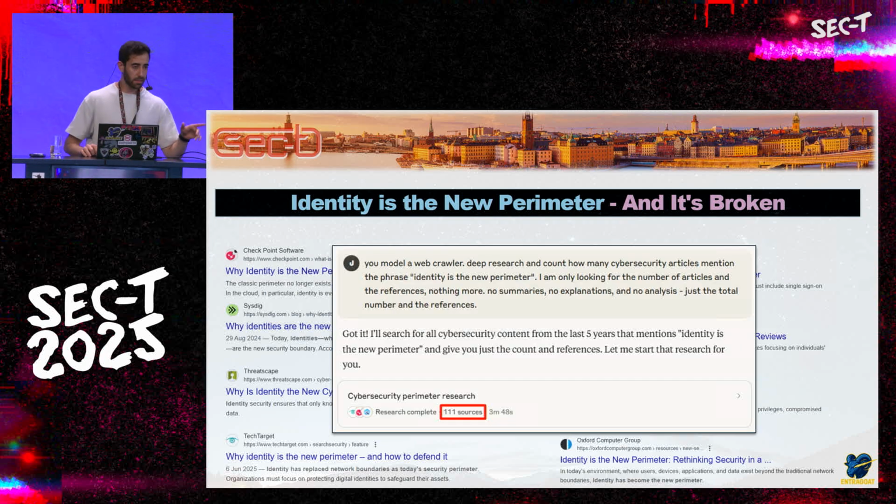I asked Claude Opus 4 to give me all the resources that use this kind of phrase, and it gave me a lot. But you see the title. It's broken, because if you have credentials, you can bypass a lot of defenses.